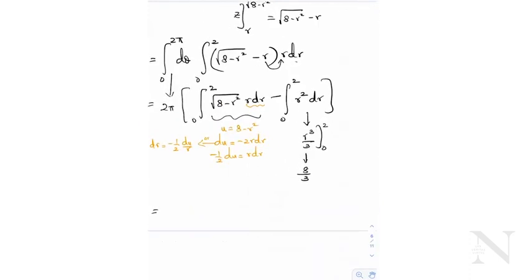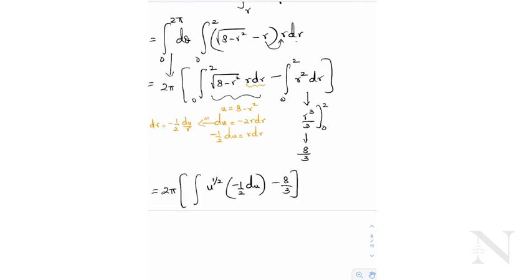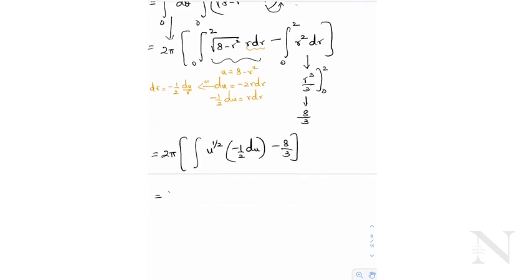So it's equal to 2 pi times. I'm going to do this in terms of u first. It's going to be the square root of u, that's u to the 1/2, and then you have a negative 1/2 du, minus 8/3, which came from the previous step. That's 2 pi times negative 1/2.